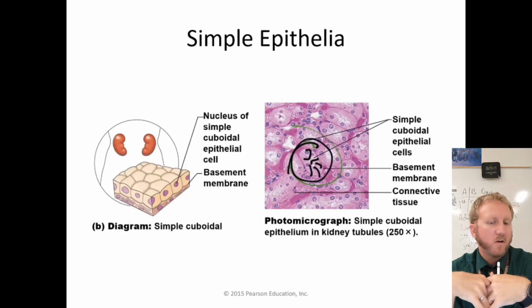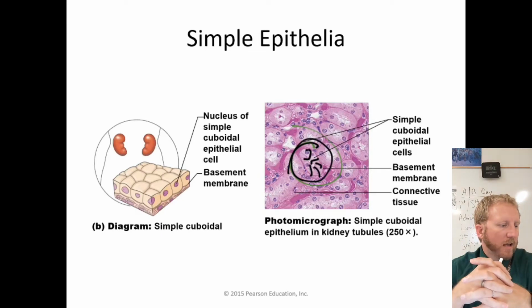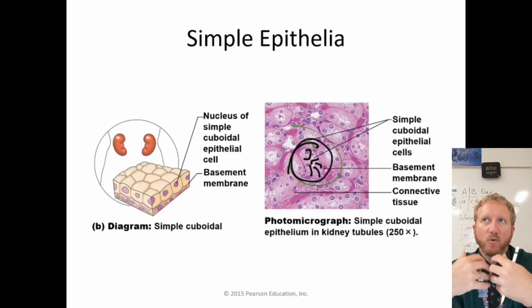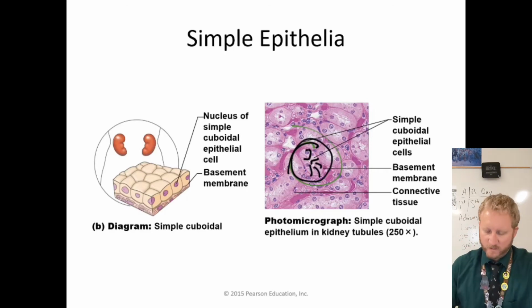They're found in the walls of kidney tubules for filtration, and they cover the surfaces of ovaries, which is important if we were trying to release follicles, which ultimately become eggs. If they have cilia, they can also propel mucus. So we'll find cells that are kind of like these in the respiratory system when we talk about mucus movement and stuff like that, as well as reproductive cells like the ovaries.